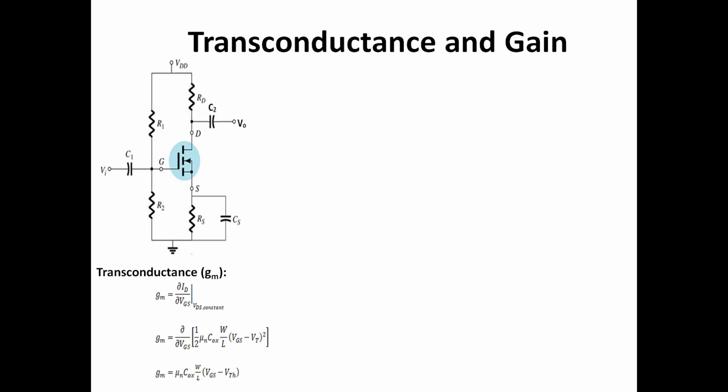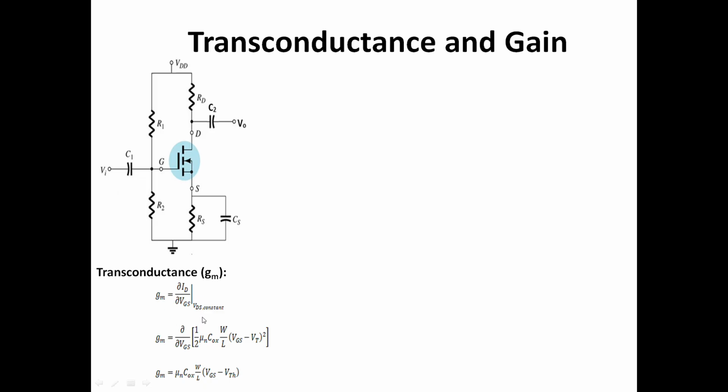To find out the transconductance, we know the transconductance is nothing but the change of output current with respect to the change of input potential VGS, when VDS is constant.